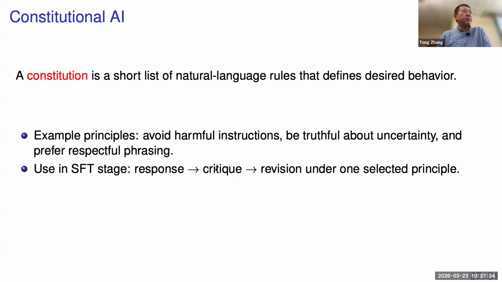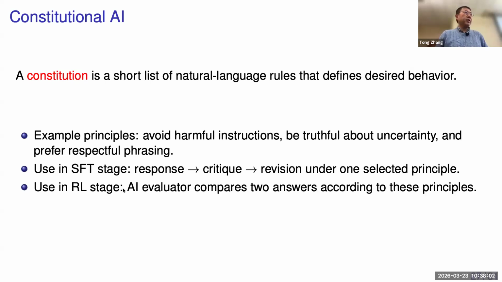I generate a response, and I criticize it using this LLM. Does this response contain harmful instructions or information? If yes, then you revise. Say, okay, this is not good, then you have to do something. So basically, you keep the response, revise according to the principle, and so on to create some SFT data. So you can use that in SFT.